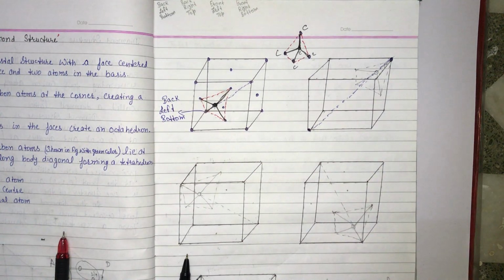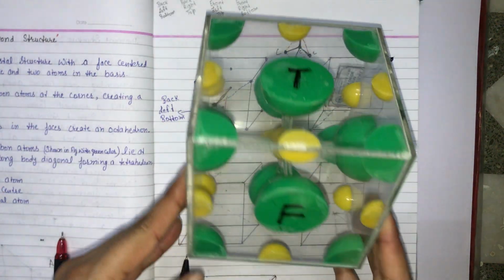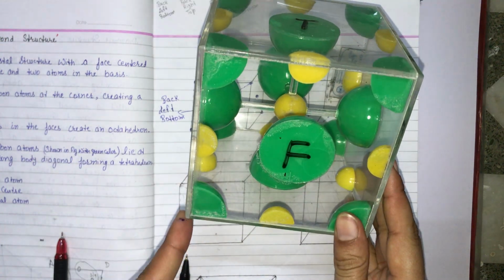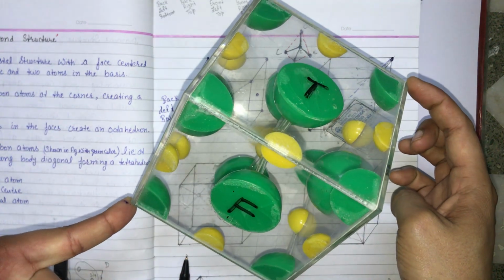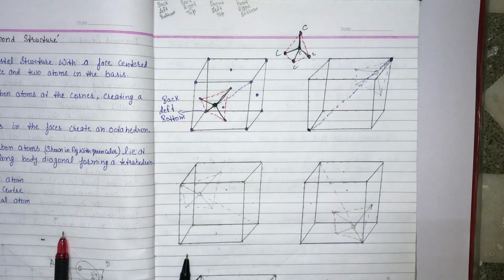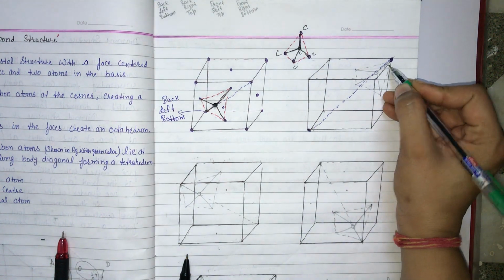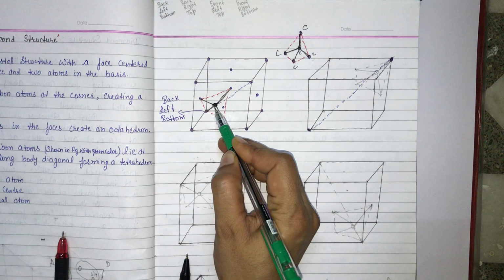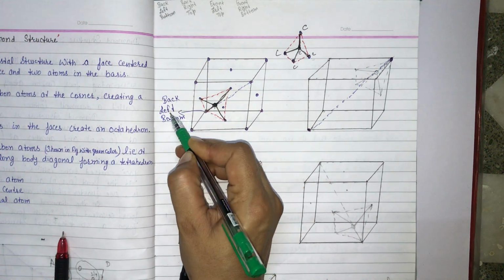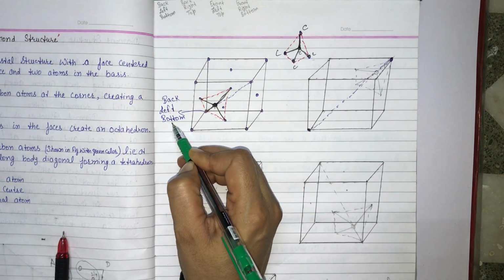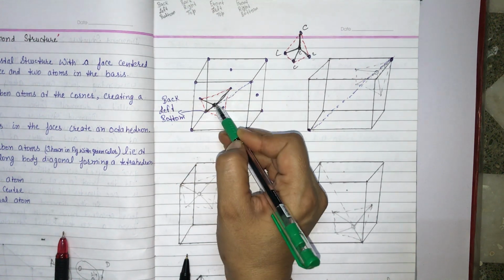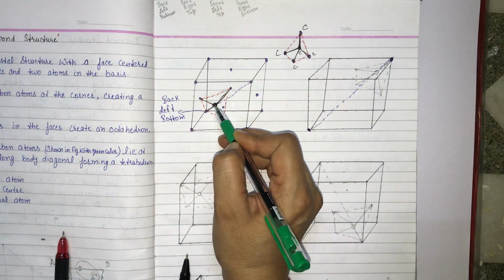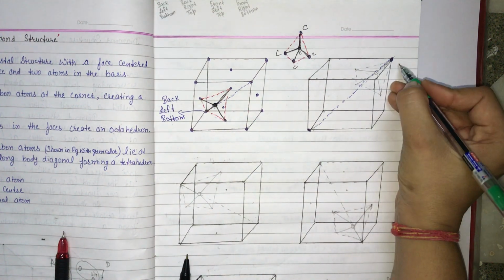You can mark this location in this model. This is front side, this is bottom position, and this back with this. This is a body diagonal. Clear? So to mark the location of carbon atom, if carbon atom is placed at back, left and bottom, then no carbon atom will be at top position of this carbon atom. So another carbon atom will be placed at this position.